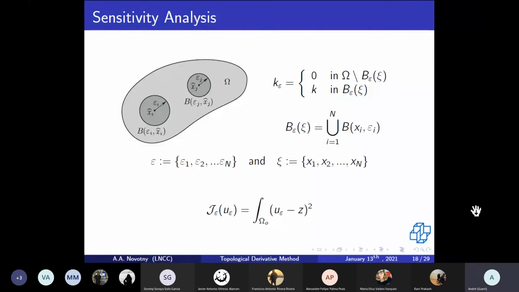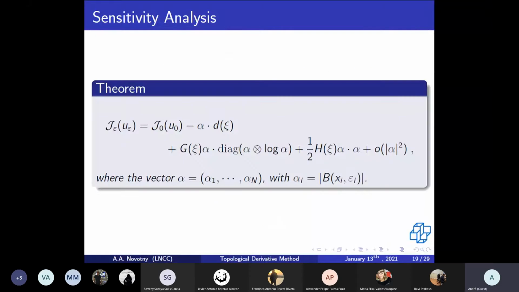After perturbing the domain with a number of small anomalies in this way, we have a new functional associated to the perturbed problem, where U epsilon depends on the small parameters epsilon 1 up to n. Here's just a notation: we write this as a vector, and this as a small matrix, provided that xi is in R2.